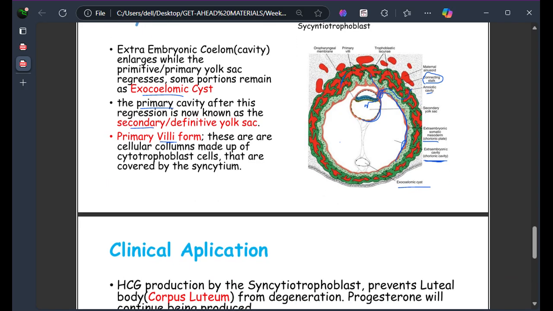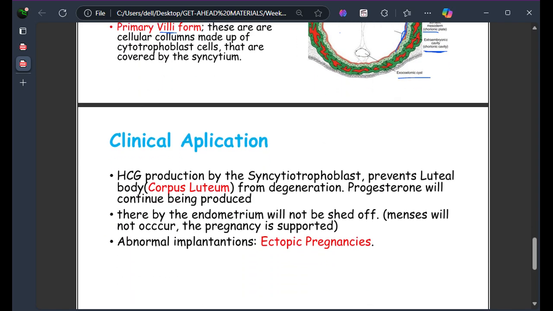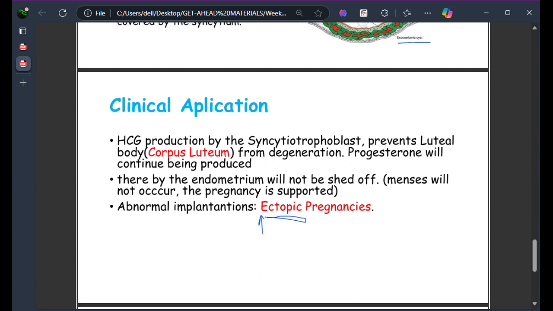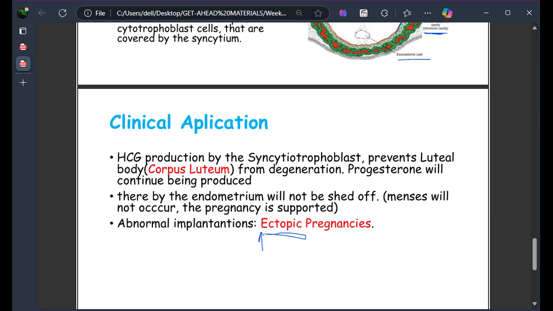The clinical application you might want to know about is ectopic pregnancies, which we already talked about when dealing with week 1: improper implantation, or implantation at the wrong site. Something I want you to go figure out is where else the embryo might implant, except for the uterus and the fallopian tube.